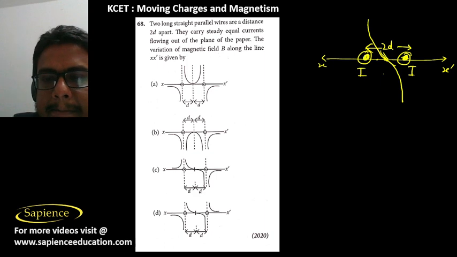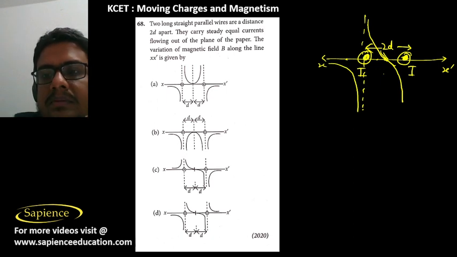Then at some point here, the field will be downwards due to this, and for this also it will be downwards. It will be downwards only. So this part will be downwards, and at infinity it will be 0 only.